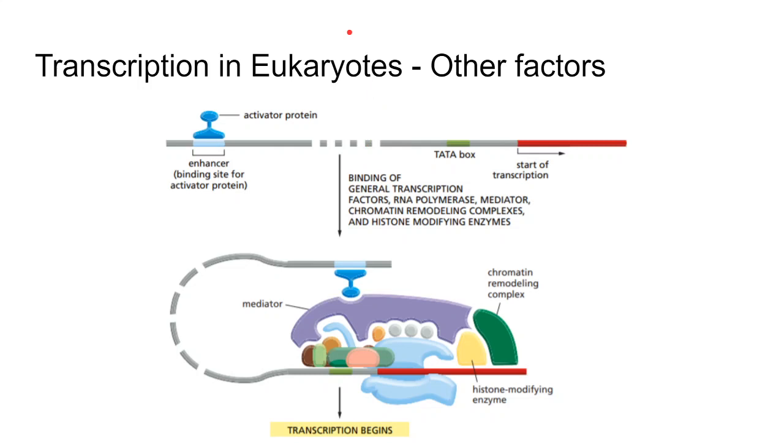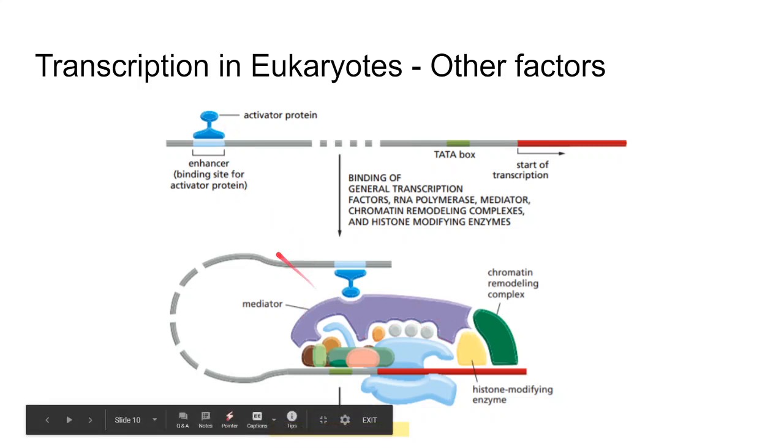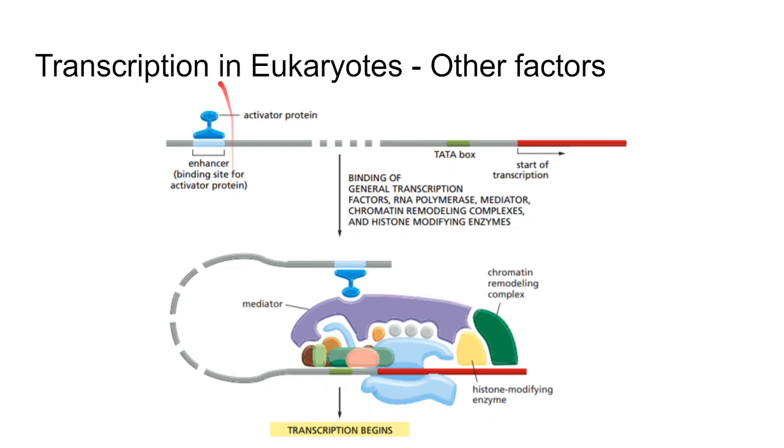So what are the other factors that are required to start transcription? You have activator proteins and mediator proteins. Some genes require activator proteins which bind to enhancer sites. So enhancer sites are sites for activator proteins.